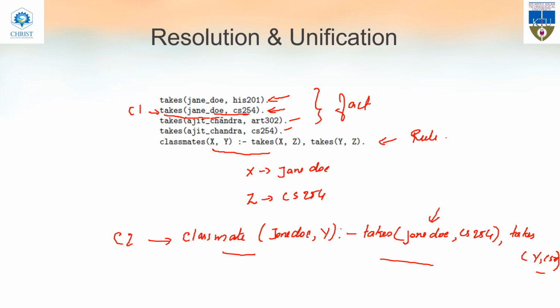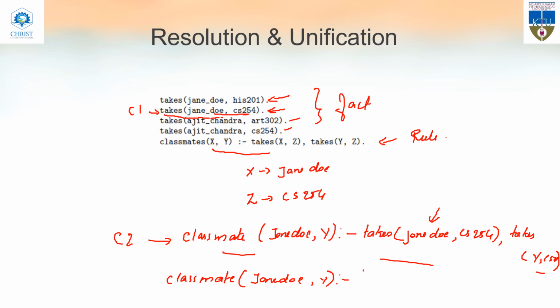So the C2 will change to classmate J Indo, comma, Y. Okay, you have replaced this term with null, the body of C1, which is null.